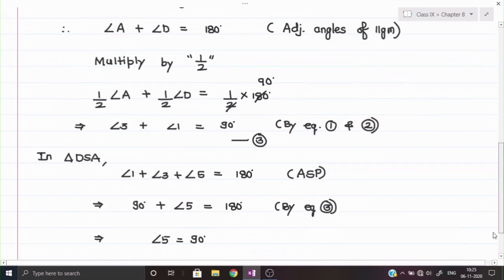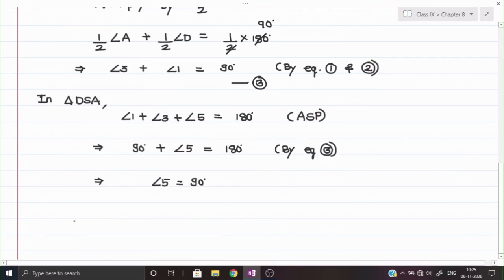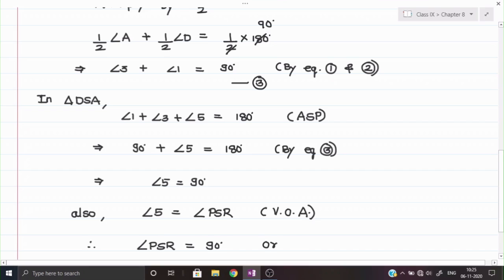So now further we shall write down also angle 5 is equal to angle PSR. I am writing the full name of that. So here the reason can be given: vertically opposite angles. So here we can say angle PSR is equal to 90 degrees, or we can say in short angle S will be equal to 90 degrees.